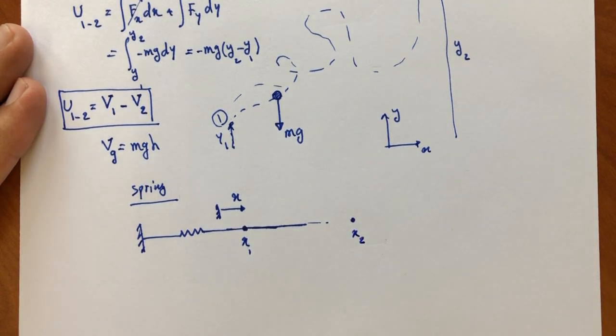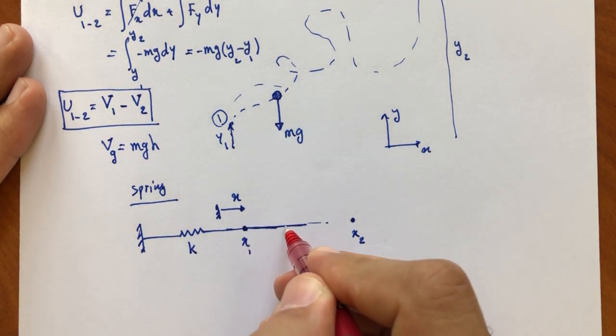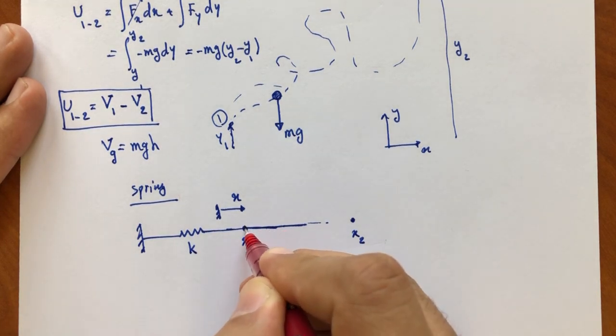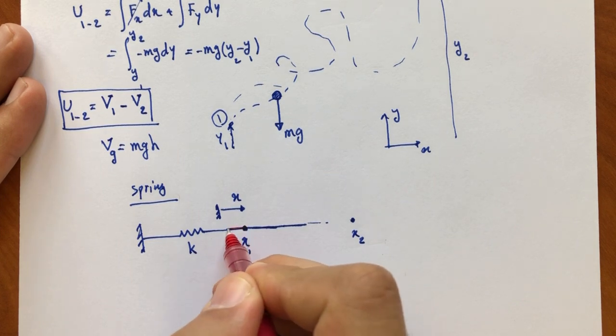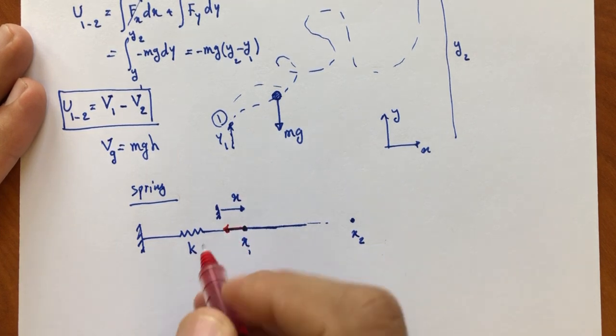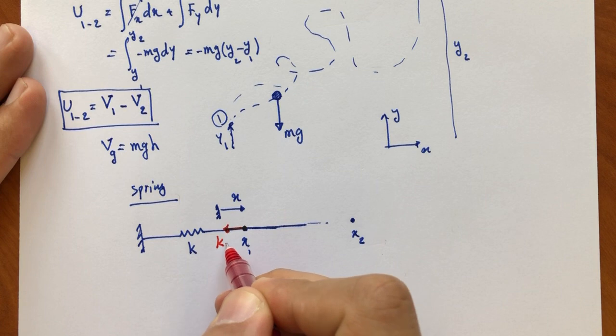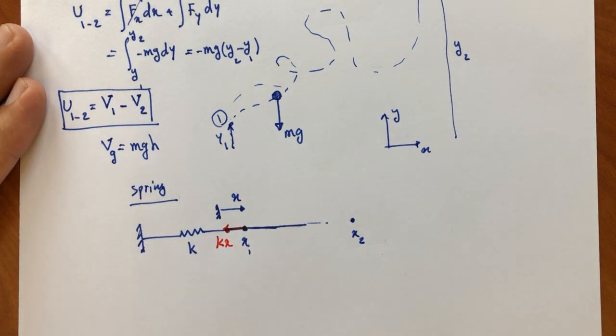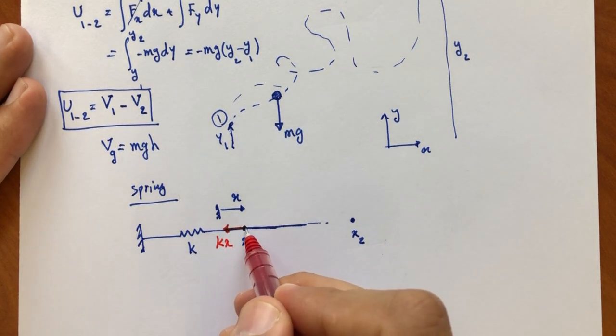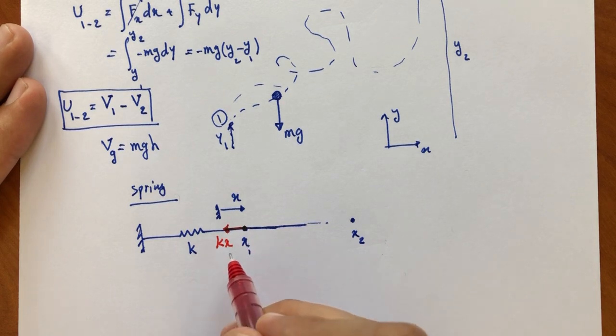And I want to calculate the work of a spring force. At each moment, say the end of the spring is here, the force of the spring is going to be kx in this direction. The work of it at this moment, I need to multiply by dx.